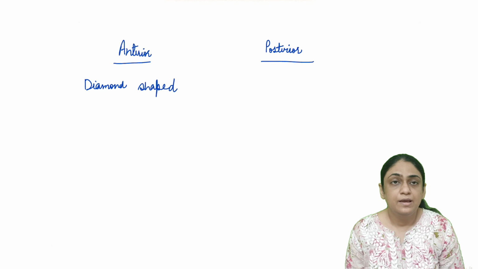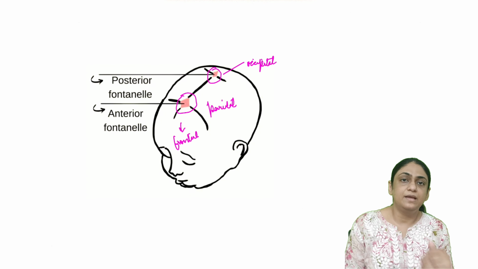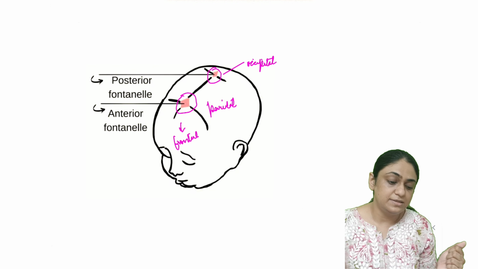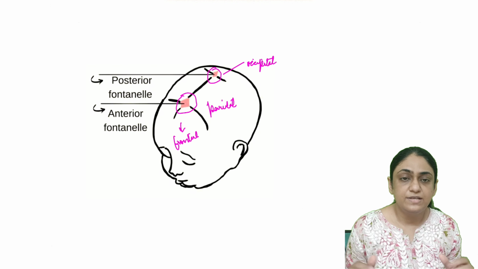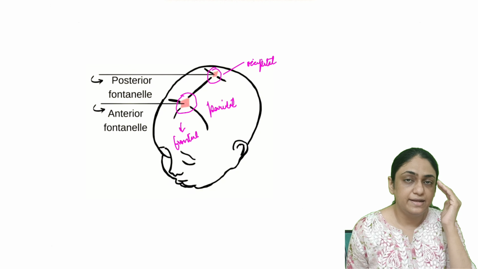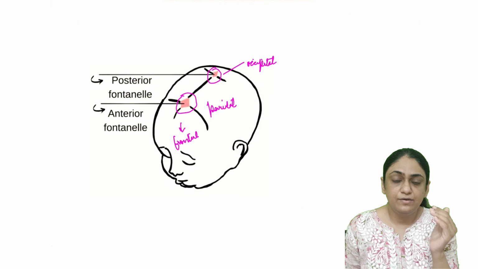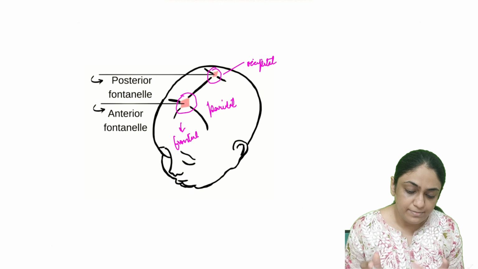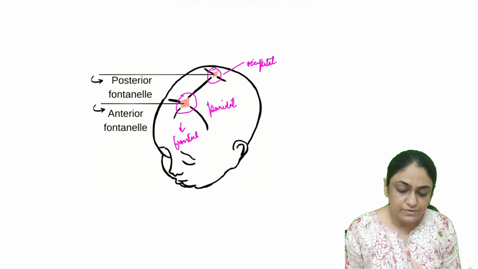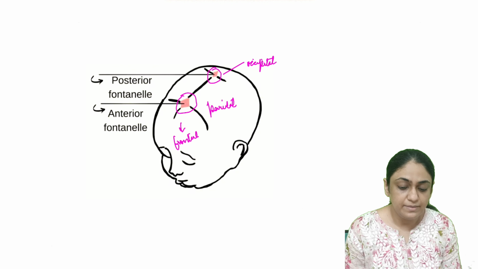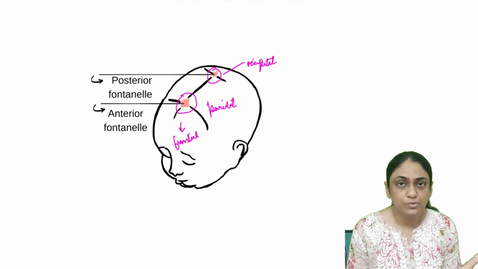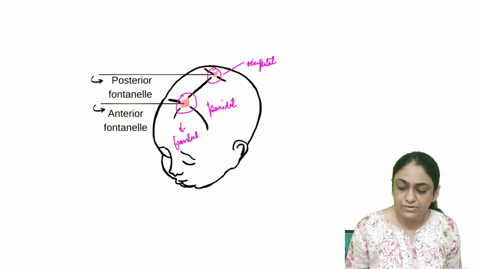Please remember this picture. I always try to show you a lot of pictures because photographic memory is very strong. Once you remember it, it gets imprinted on your mind for a lifetime. So remember this diagram: anterior fontanelle is present between frontal and parietal bone and is diamond shaped, whereas posterior fontanelle is present between parietal and occipital bones, and it is triangular in shape.